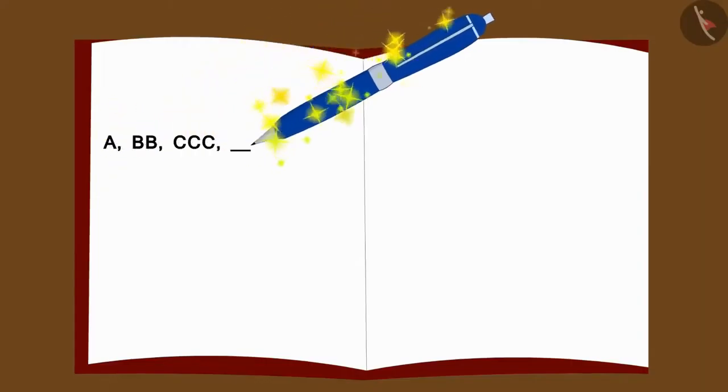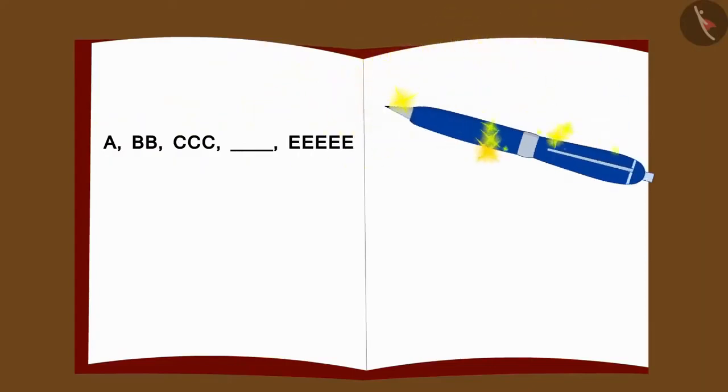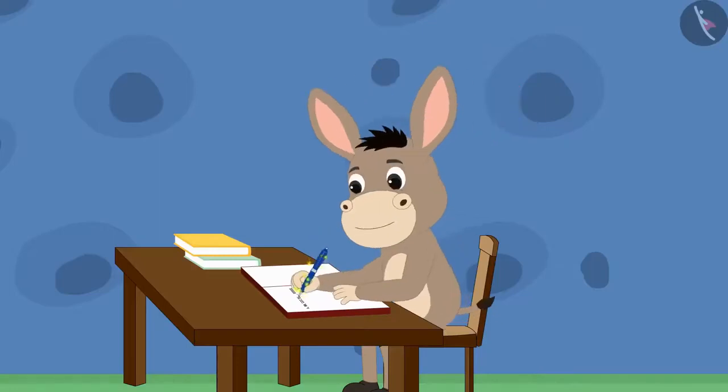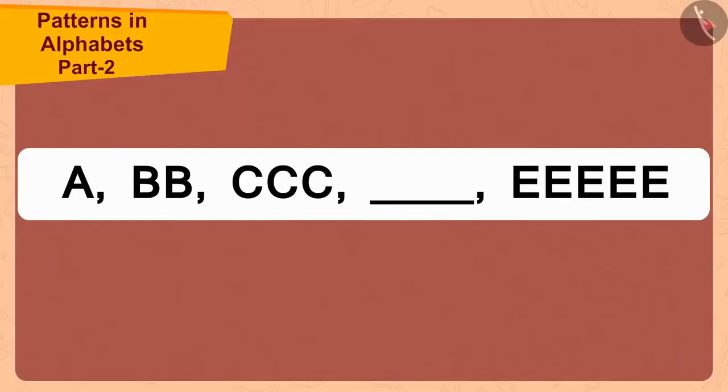Now, the pen wrote such a pattern. I recognize the rule of this pattern. Having said this, Bhola quickly filled in the blanks. Children, can you tell which letters Bhola has written in the blank space? Here, the letters are written in sequence, and each time the letters are being added to the pattern, the number of times that letter is being repeated is also increasing by 1.